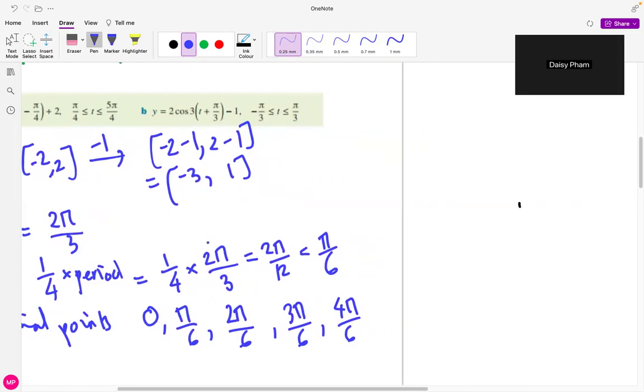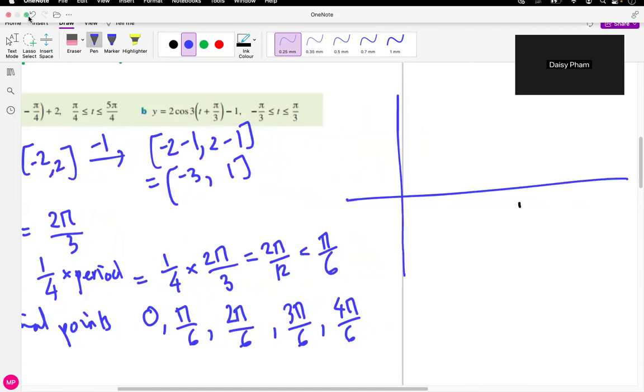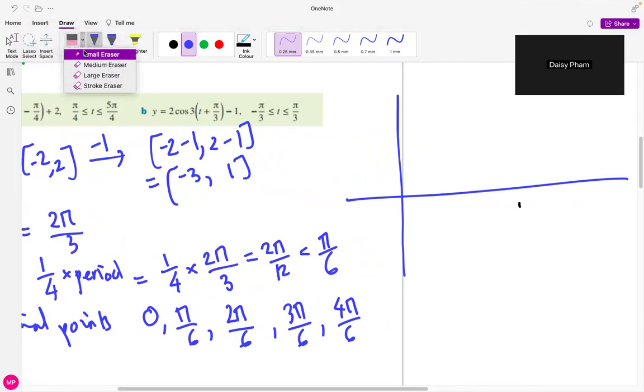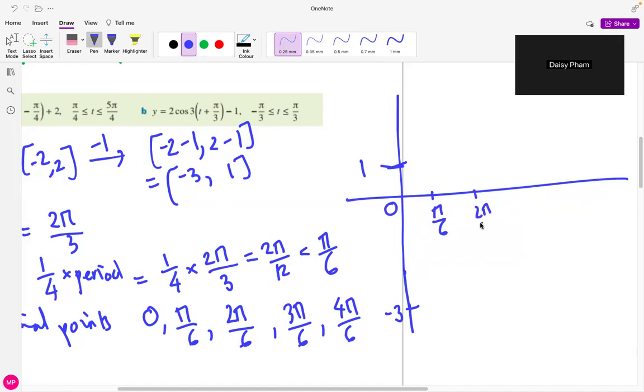All right. So if we think about the original graph, how does that actually look like? The original range is -3 to 1, and the points that I have here are 0, π over 6, 2π over 6, 3π over 6, 4π over 6, which is 2π over 3, but I'm not simplifying that right now.